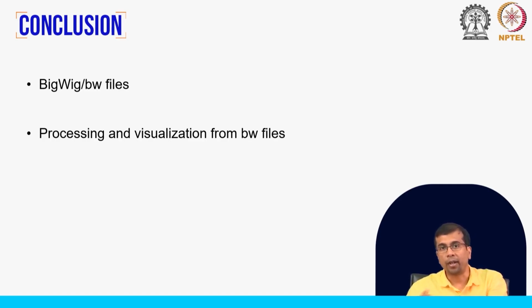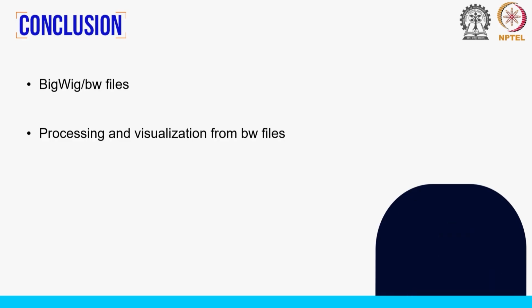And then we have seen how we can process the BW files that are publicly available. We can convert them first to bed graph, and then we can visualize this read density. That is something we can do, but as I also showed you, we can do some peak calls using the MACS program, but these peak calls require a lot of parameter optimization. So, we usually do not prefer them.